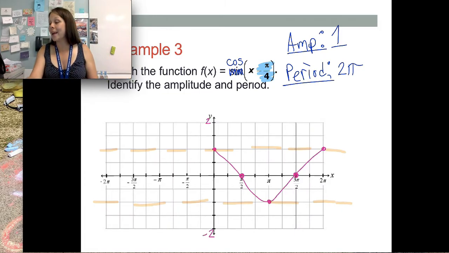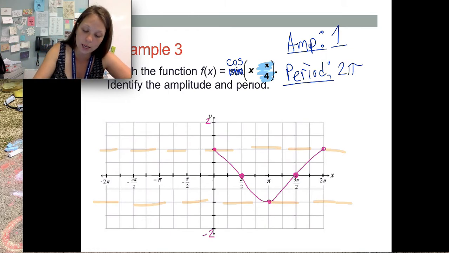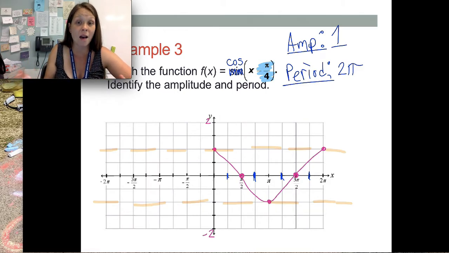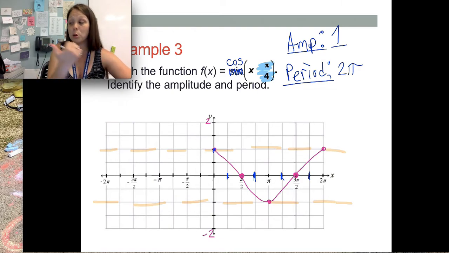What's going to happen now is we're going to take that and push all of these units forward pi over 4 units. Pi over 4 is what's in between all of these pi over 2's and the next tick mark, because it's like 1/4, which is half of a half. So this point that was originally at 0, 1 is now going to get pushed forward pi over 4 units.